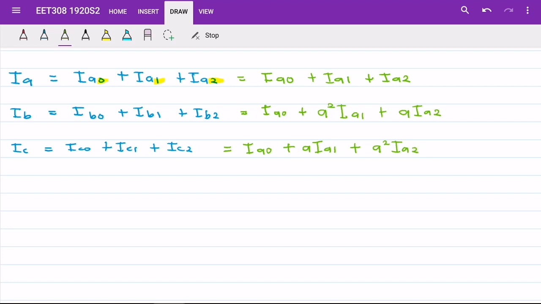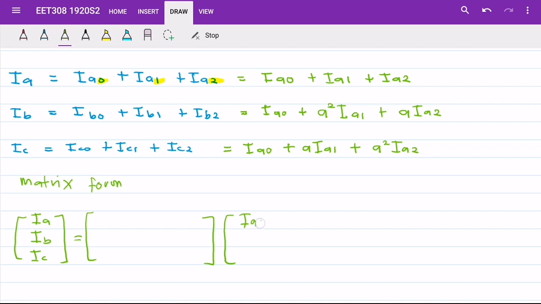So from this equation, we can convert it into the matrix notation, matrix form. So IA, this is the phase current, IB, IC equals to IA0, IA1, and IA2.